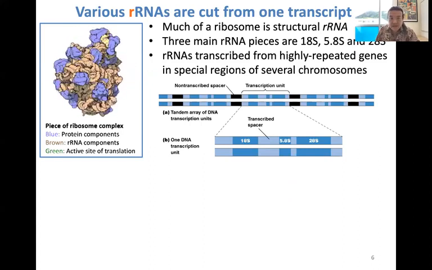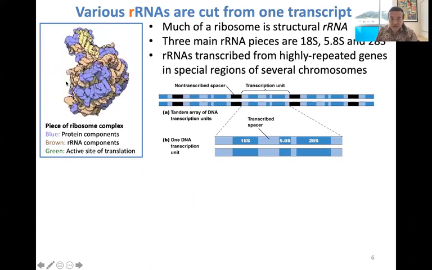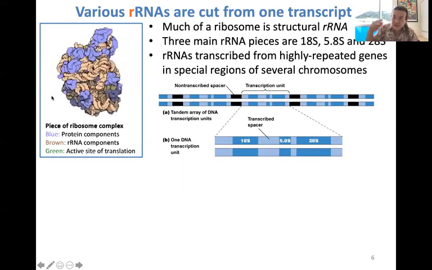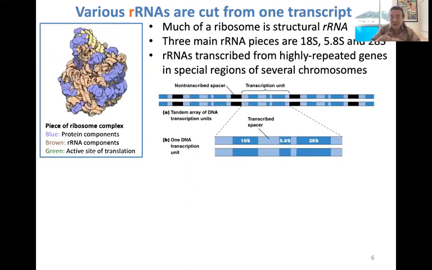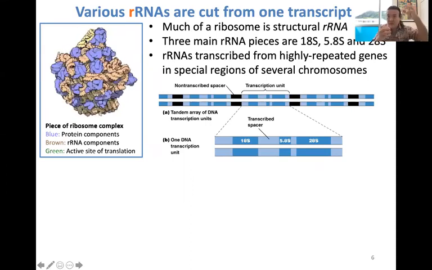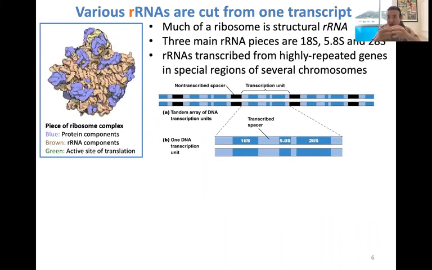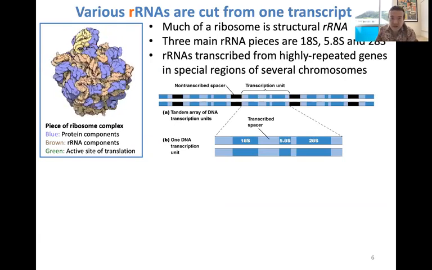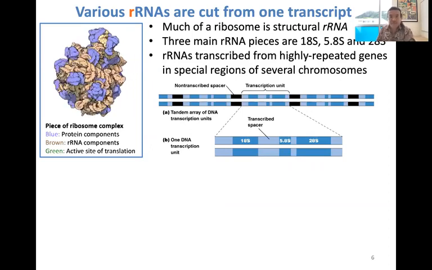The little green dot, which as it rotates around you might catch a glimpse of hidden in the middle here, there you go, that's the actual site where the messenger RNA is going to be fed in, and then out of the top of this thing, you're going to have a chain of amino acids growing longer and longer, amino acids that are being linked together based upon the messenger RNA that this big ribosomal factory is working on.